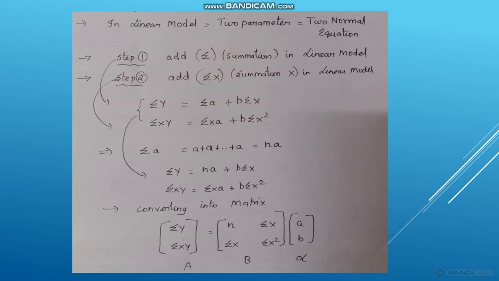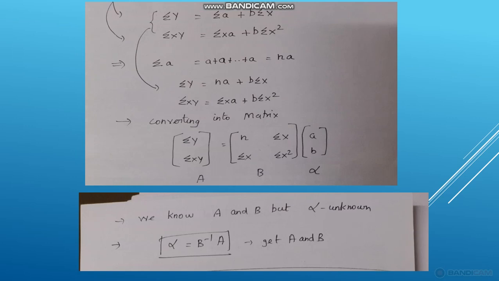We want to find the alpha matrix based on the A and B matrices. This we can find by using B inverse into A. If we solve B inverse into A, you will get the alpha matrix, that is a and b.